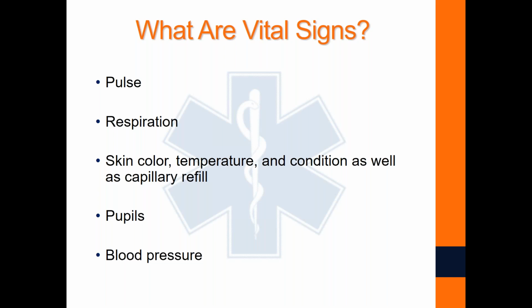Next, we're going to get down to skin color, temperature, and condition, and then that pesky little thing called capillary refill. Skin color, temperature, and condition is going to tell us a great deal about our patient's perfusion status. It is going to tell us how well they are moving oxygenated blood around their body.